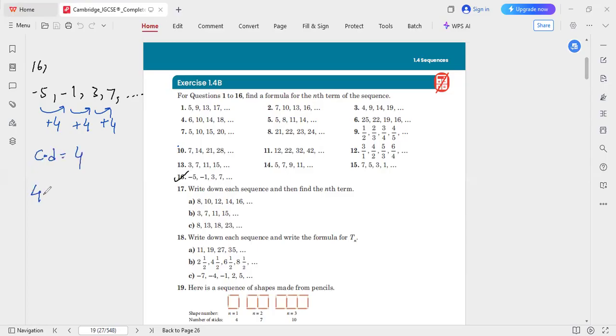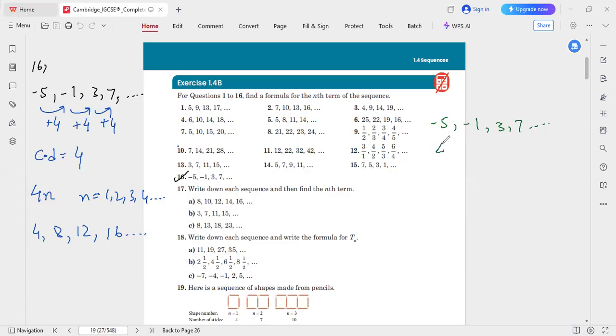So 4 I need to multiply by n, and n is basically 1, 2, 3, 4, and so on. So 1 times 4 is 4, 2 times is 8, 3 times is 12, 4 times is 16, and so on. First we will write down the sequence -5, -1, 3, 7, and so on.